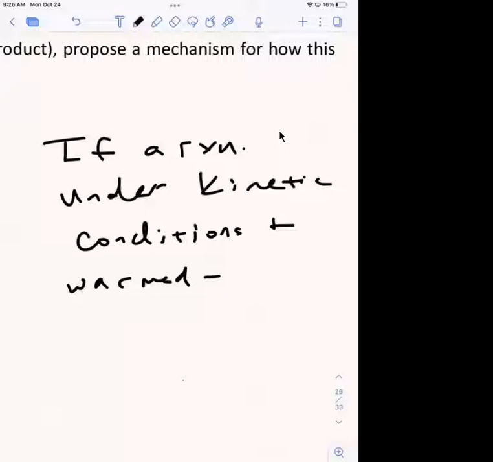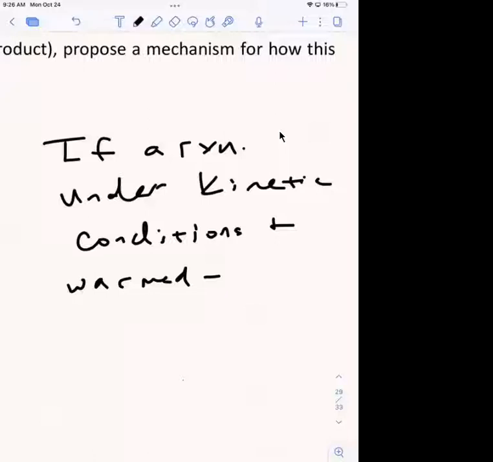Just from looking at it, is a kinetic always... What you're looking at is the temperature. So the temperature is going to dictate whether something is kinetic or thermodynamic, right? If it's at low temperature, then the reaction is going to be assumed to be under kinetic conditions.